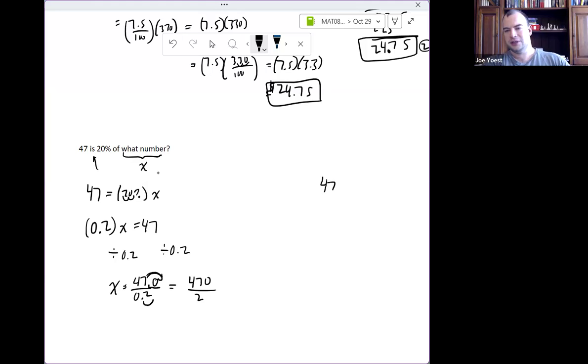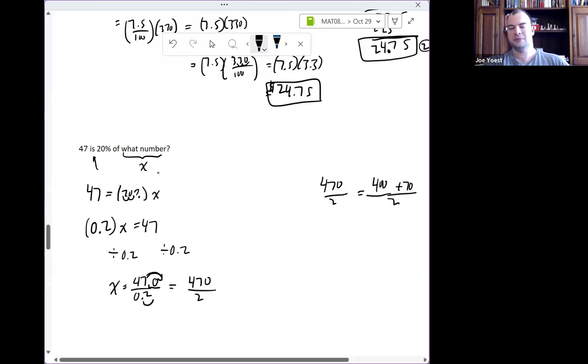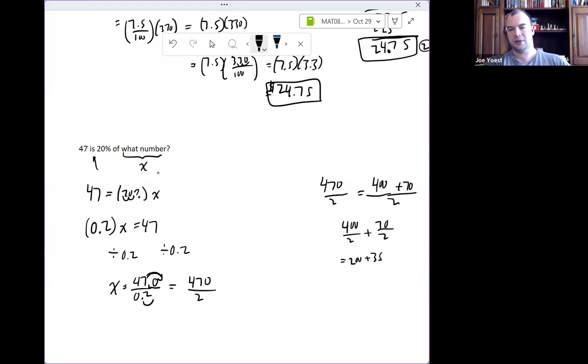Or 470 over 2, that's like 400 plus 70 over 2. Or that's 400 divided by 2 plus 70 divided by 2. I recognize that as 200 plus 35 or 235.